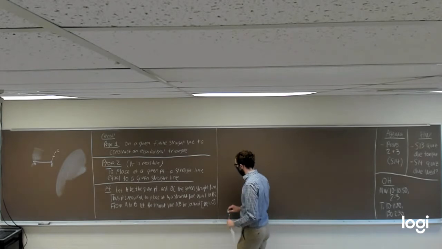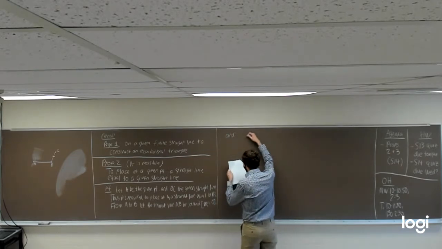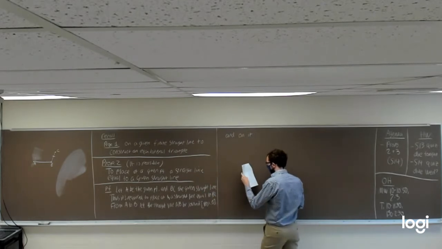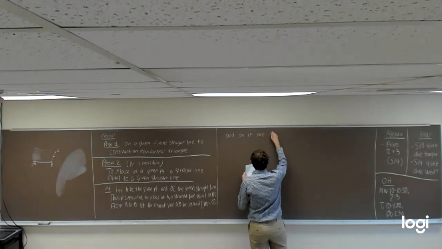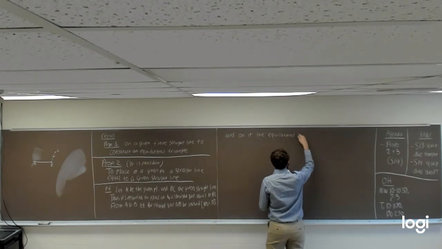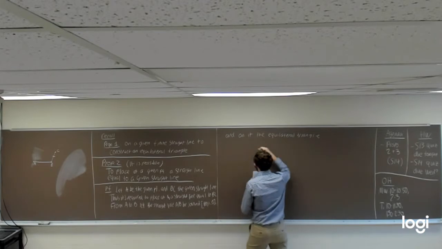But now we're going to do something a little bit interesting. Going to say, and on it, being the line AB, the equilateral triangle DAB be constructed.